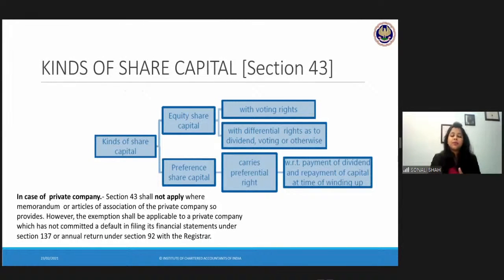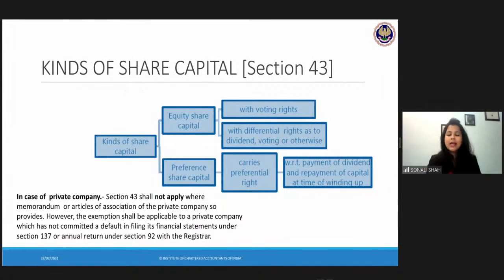Okay. Now, after understanding the capital part, let us understand the kinds of share capital, how the distribution of share capital happens. So generally we see, debt capital we will be talking about when we are speaking about debentures, but when we are talking about share capital, it will be equity share capital and the preference share capital.